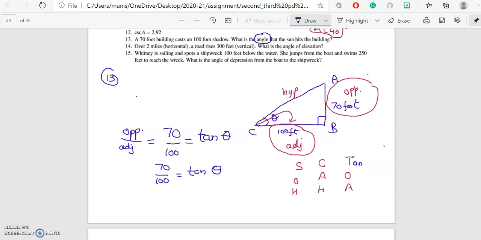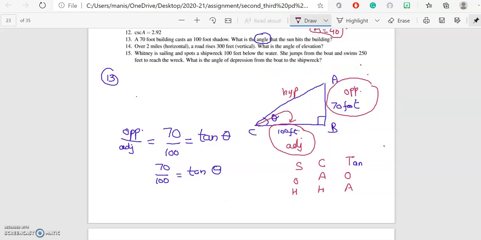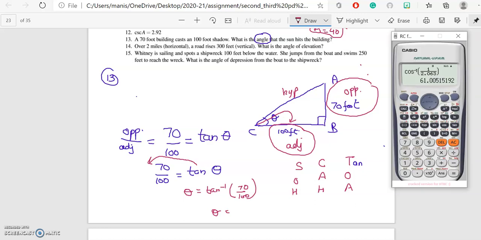Now, how will you find the value of theta? You will use the inverse trigonometric functions. So it will look like this: theta is equal to tangent inverse 70 over 100. Now how will we get our final answer? You will type tangent inverse 70 over 100 in the calculator. So I will use the shift button, tangent inverse.